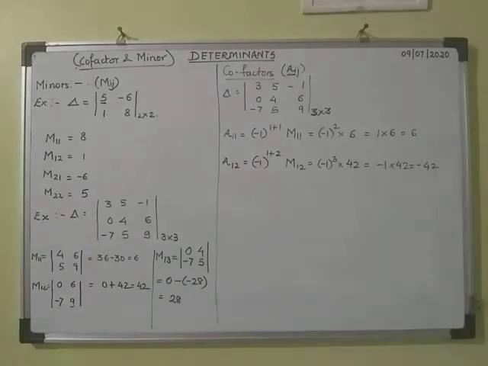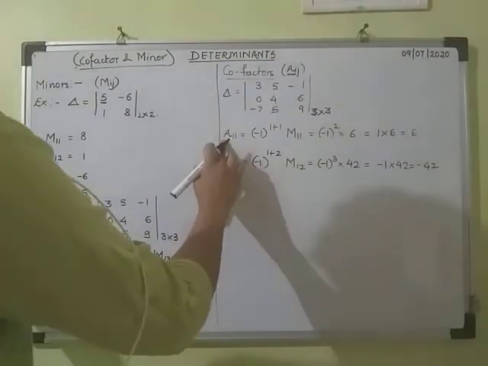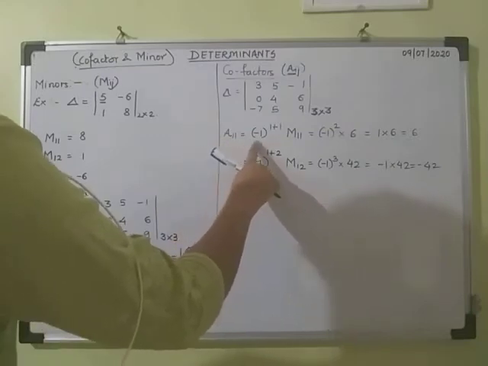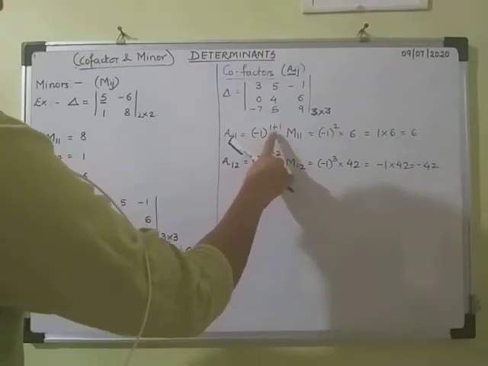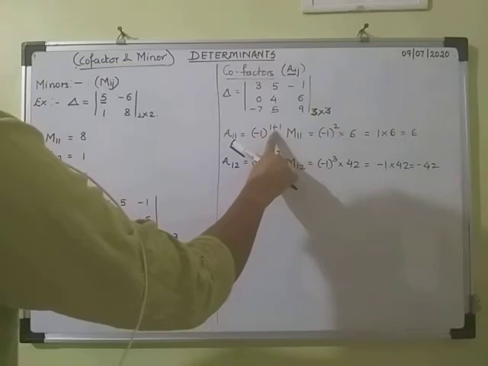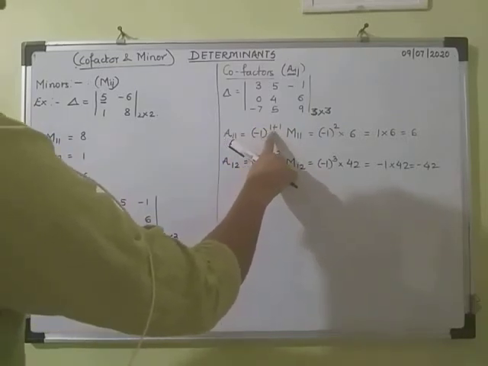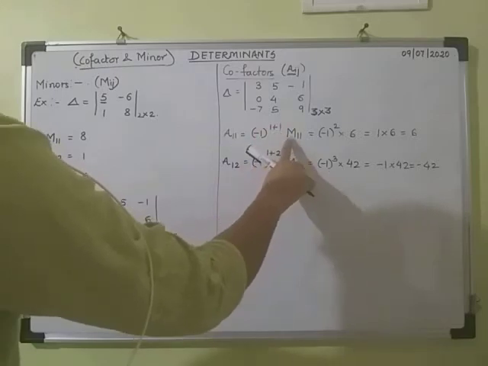Now I will first find the cofactor of the element A11. This can be written as minus 1 raised to 1 plus 1. Why do we take 1 plus 1 here? Because it is the 1 1 element, so number of rows plus number of columns, into M11.